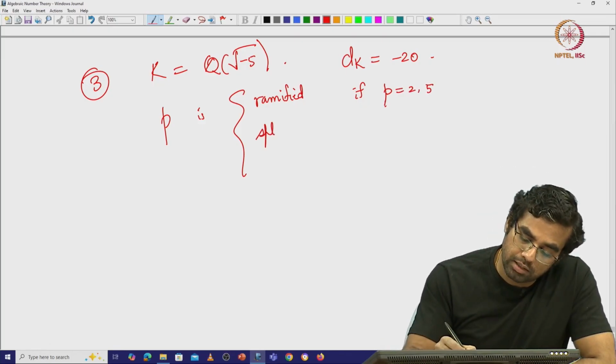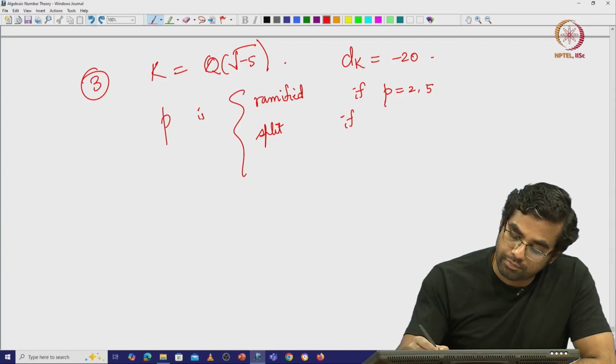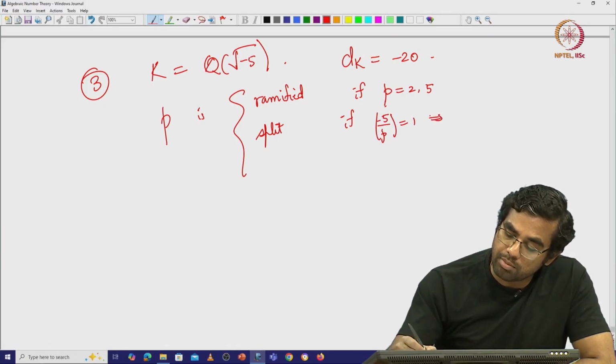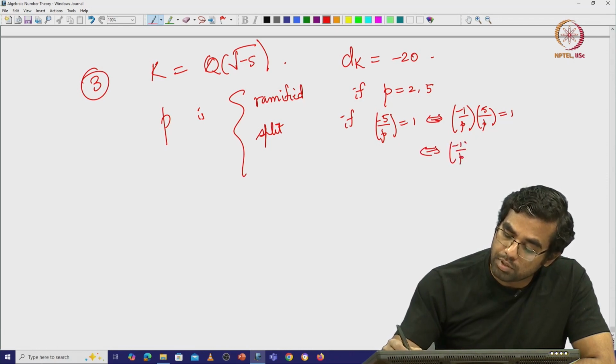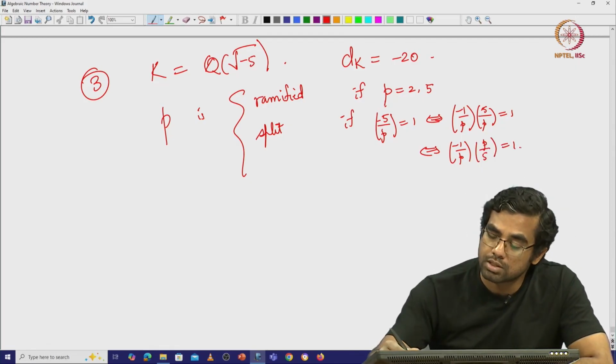It's split if (-5/P) is equal to 1. But this is the same as saying that (-1/P) times (5/P) is equal to 1, which is the same as saying that (-1/P) times (P/5) is equal to 1. And we know what happens.